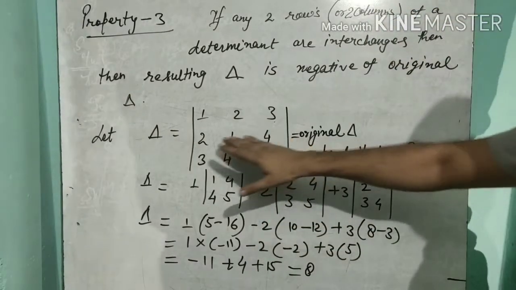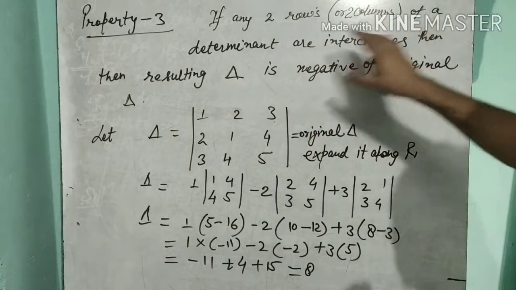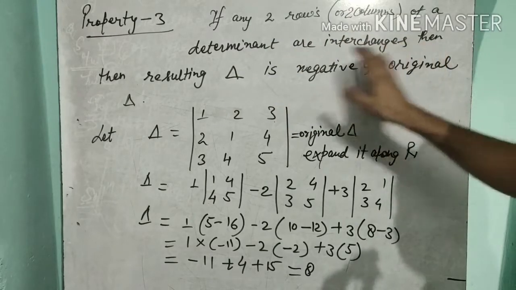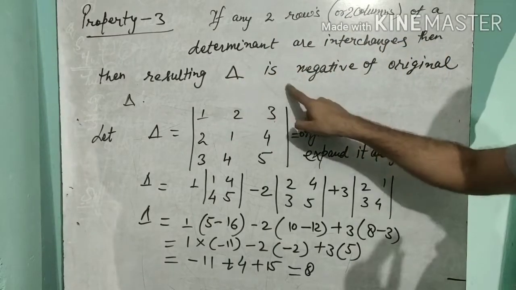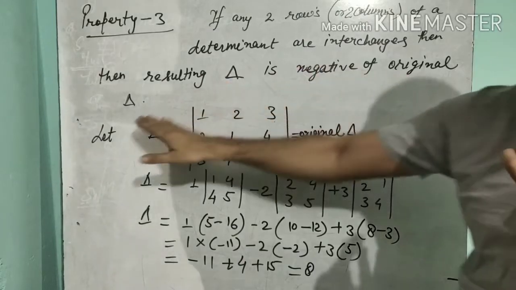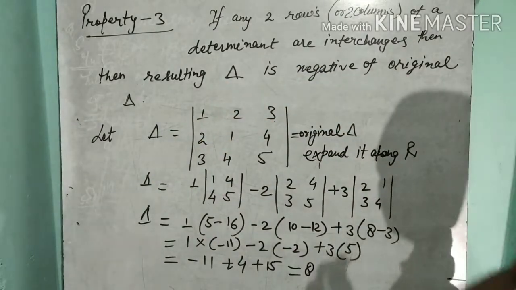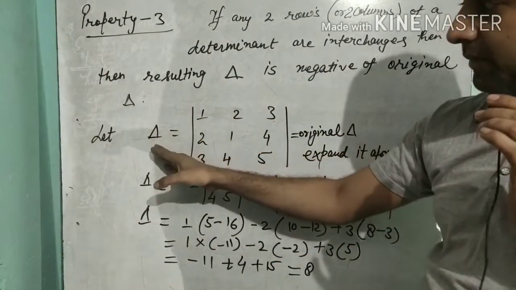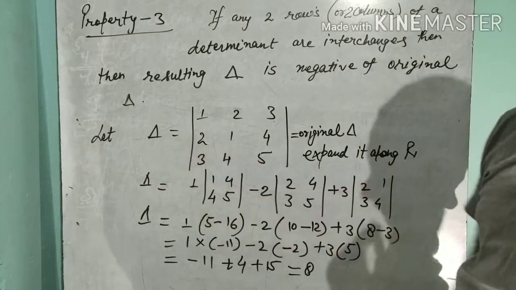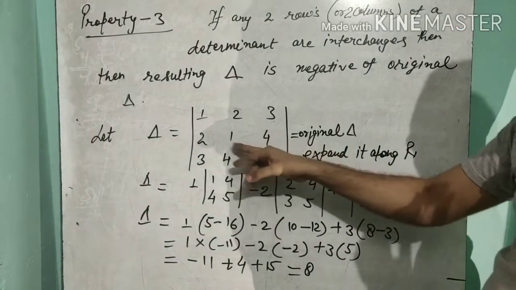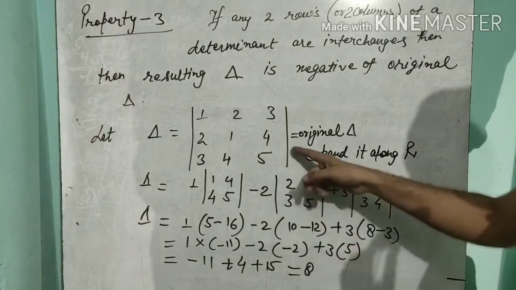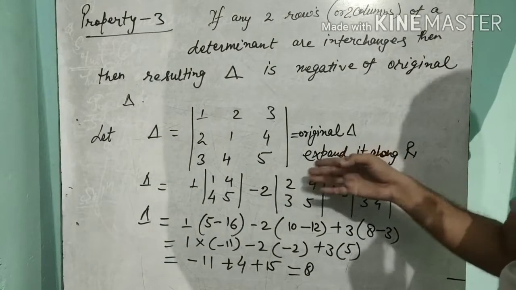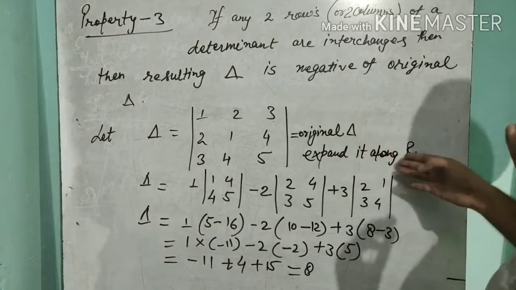If any 2 rows of a determinant are interchanged, then the resulting determinant is the negative of the original determinant. Here I have taken a determinant, with delta as the symbol: 1 2 3, 2 1 4 and 3 4 5. This is the original determinant, and I am expanding it along R1.